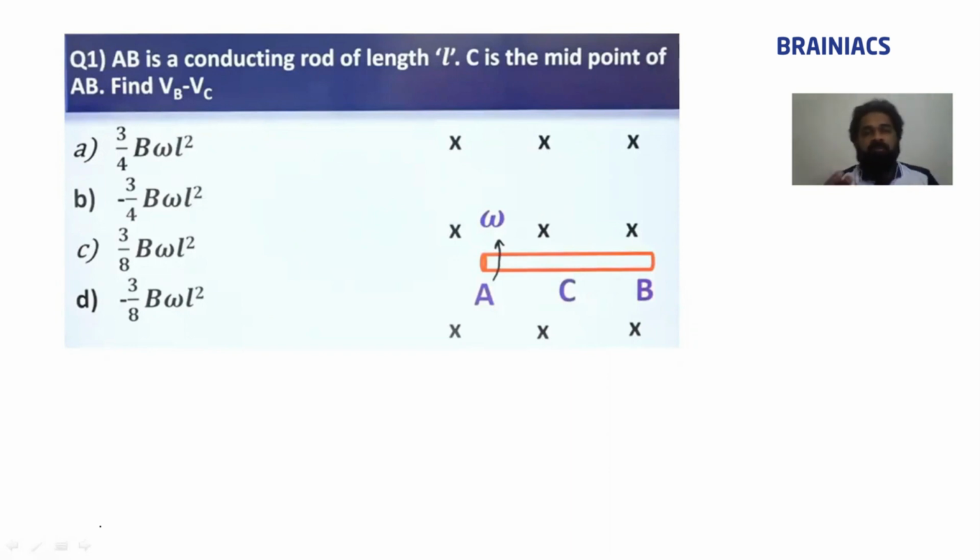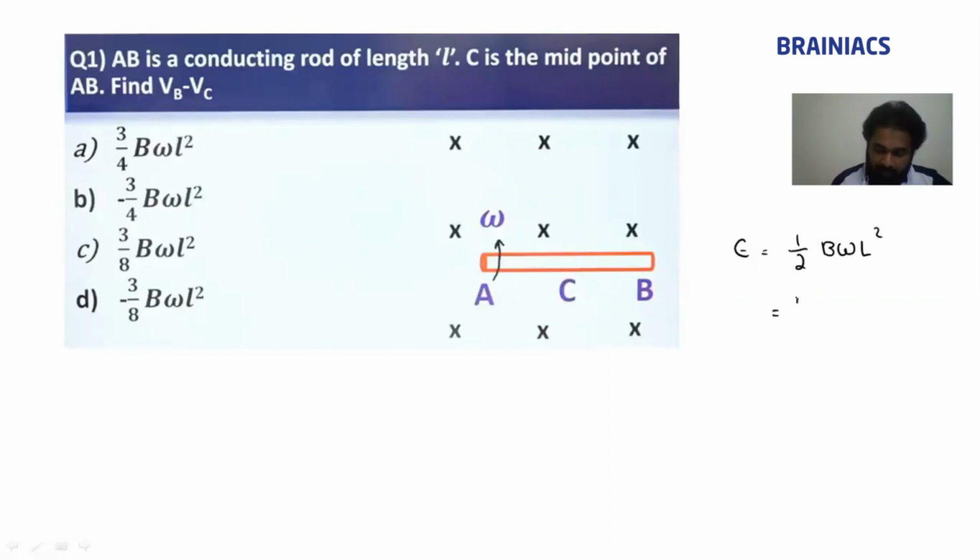Suppose its length is L. If we try direct substitution, half B omega (L by 2) whole square, we will be getting an answer. So let us try that also. EMF is equal to, we know this formula, half B omega L square.